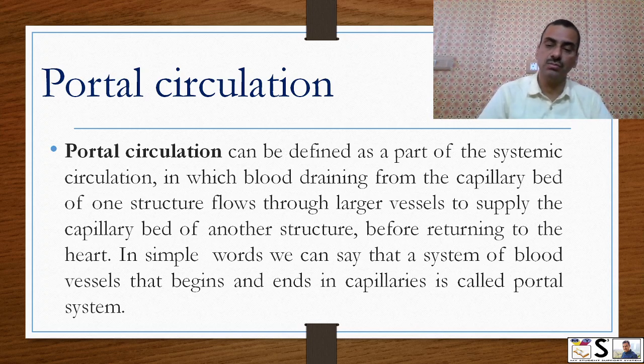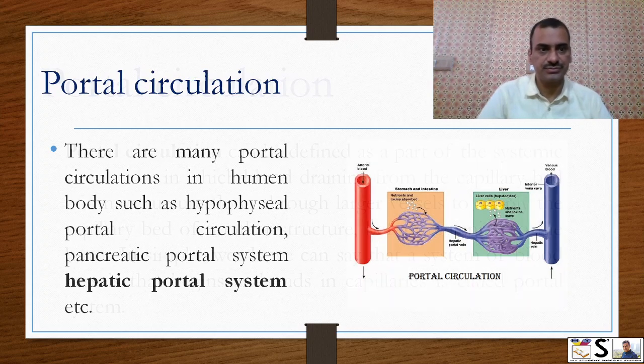It is called a portal system. There are many portal circulations in the human body, such as hypophyseal portal circulation, pancreatic portal circulation, and hepatic portal circulation. Hepatic portal circulation is very important. We will study the hepatic portal system here.